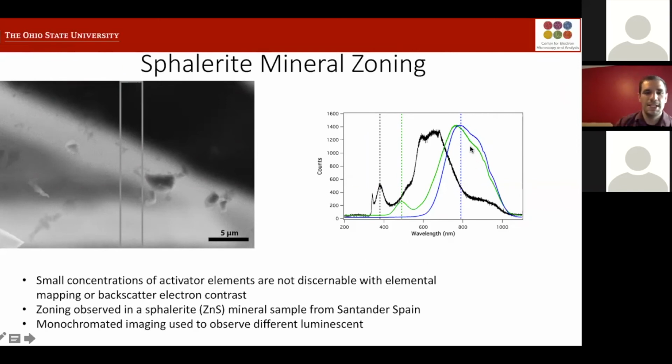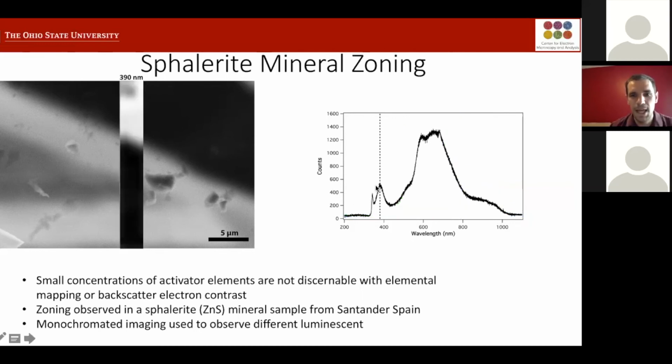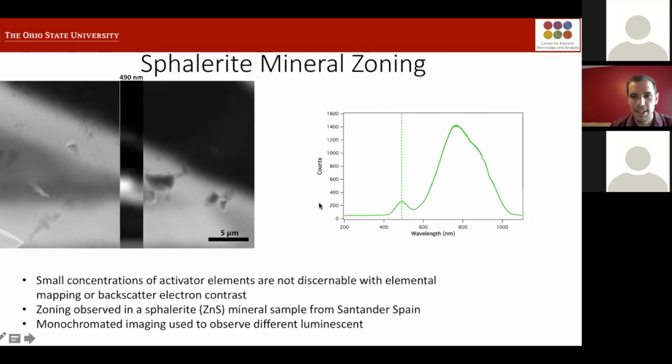So if you look at that center part, we did a hyperspectral map there. And if you pick just a monochromated imaging at 390 nanometers, you can see that we get high fluorescence up there, which then you could correlate that back to something else if you know what activator elements are there, or this single peak at about 500 nanometers.